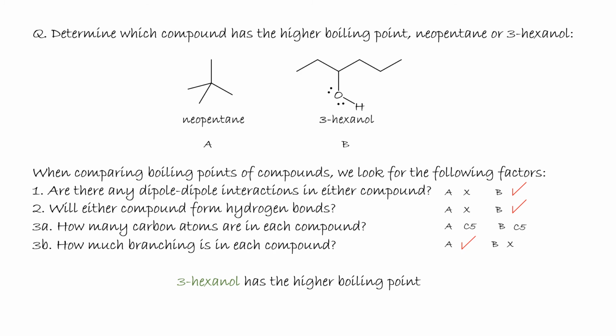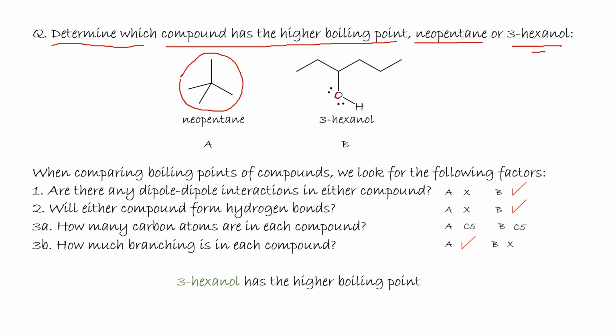Let's take a question. Determine which compound has a higher boiling point, neopentane or 3-hexanol. The checklist we are going to use for comparison is: are there any dipole-dipole interactions in either compound? Here there is no dipole, it's almost like a dipole.